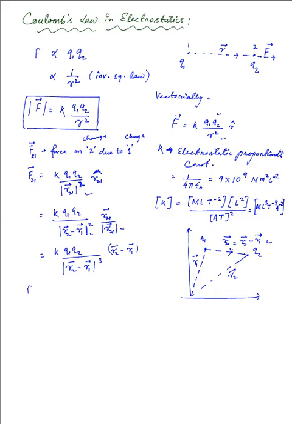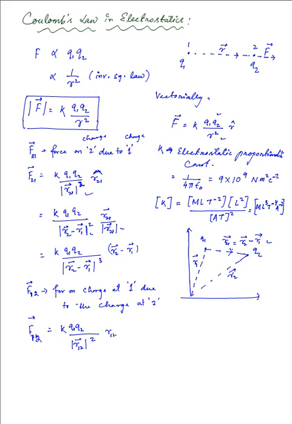So what about the force F12? It will therefore be the force on charge 1 due to charge 2, and as a result of that we can just write F12 as equal to K Q1 Q2, and instead of the position vector being taken this way, it will be taken the other way around, that is |R12| squared, and this is R12 hat.